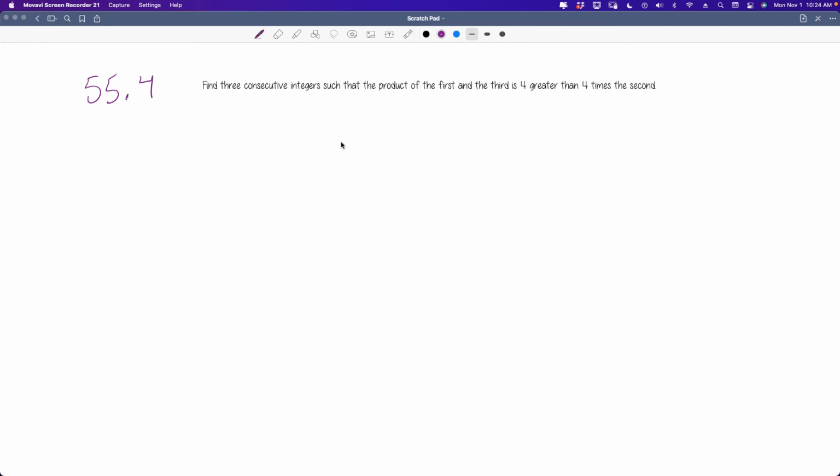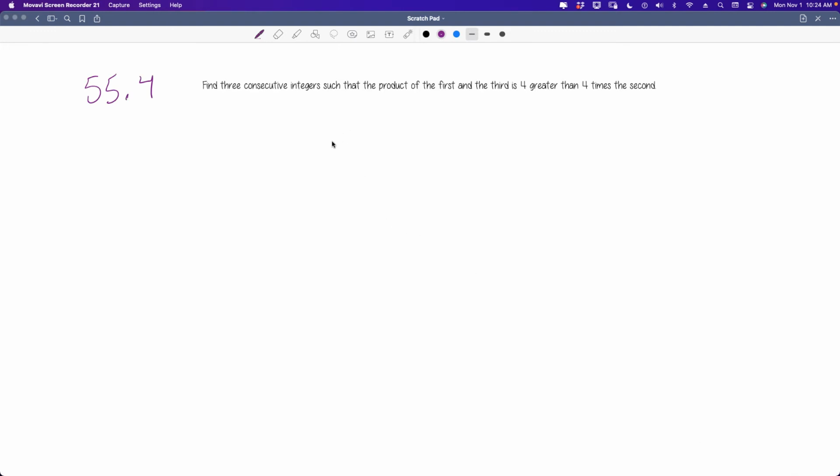Sometimes we have a word problem where the solution is an exponent of 2, and the only way to solve that is to treat it like a quadratic equation where we set both sides equal to 0, and then we end up with 2 possible solution sets. I'm going to clear the page and type 55.4 in here so you can see it. So give me just a second. All right, so here's 55.4.